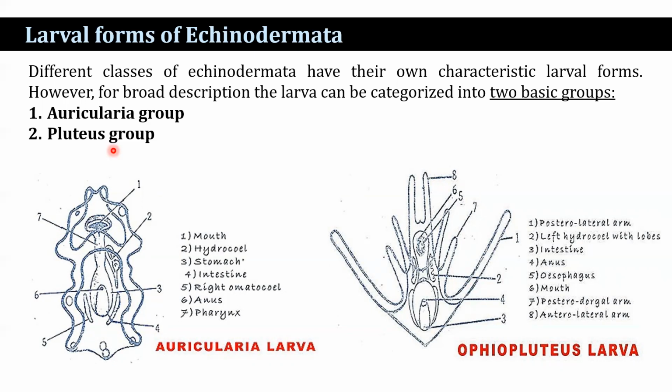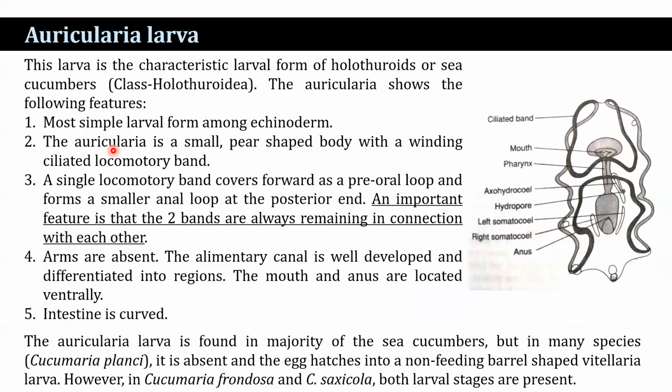So first, the auricularia group. The auricularia group consists of the auricularia larva. This larva is a characteristic larval form of holothuroids, known as sea cucumbers. The class is Holothuroidea. What are the features of Holothuroidea?